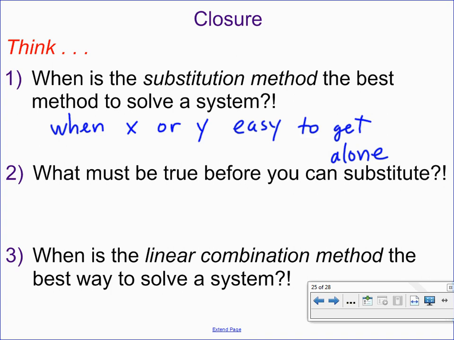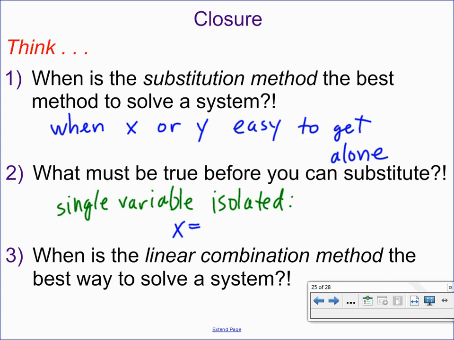So we need a single variable alone, right? Perfect. We need x equals blah, blah, blah with y, left side equal to right side, or y equals blah, blah, blah with x's in it.